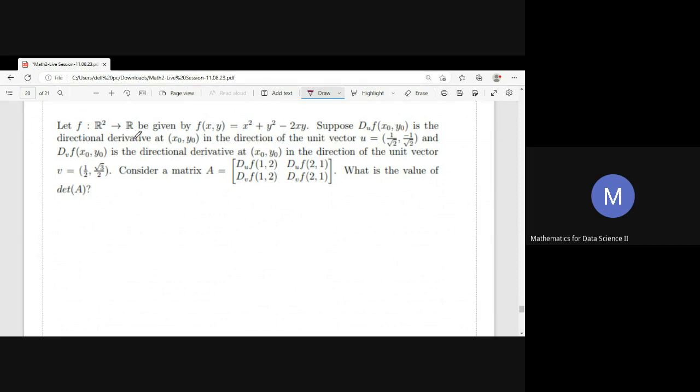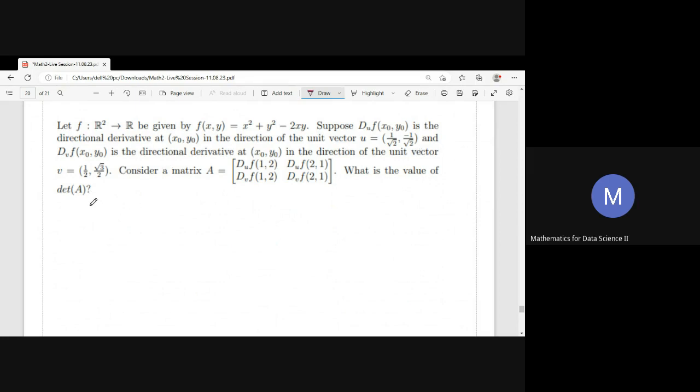Let f from R2 to R be given by f of x, y. So you have to find the directional derivative along this vector u and along this vector v. They have already specified that they are unit vectors.